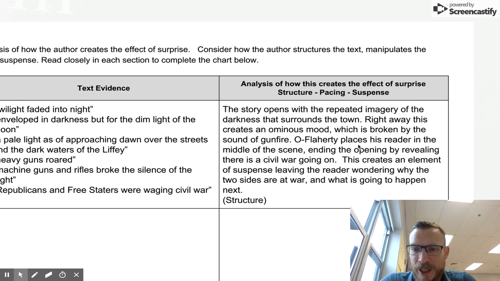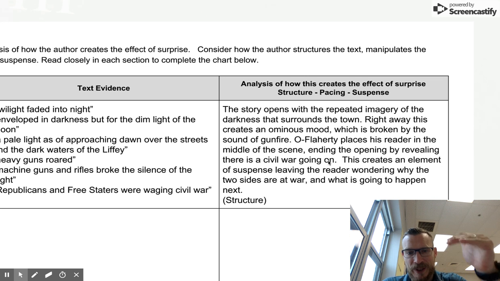O'Flaherty, the author, places his reader in the middle of the scene, ending the opening by revealing there's a civil war going on. Okay, so it builds up from this setting imagery to this final line that there's a civil war happening. This creates an element of suspense, leaving the reader wondering why the two sides are at war and what is going to happen next.